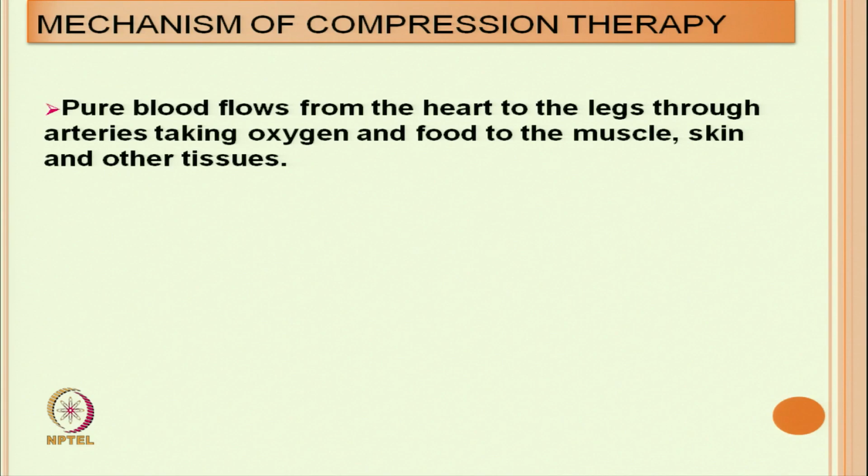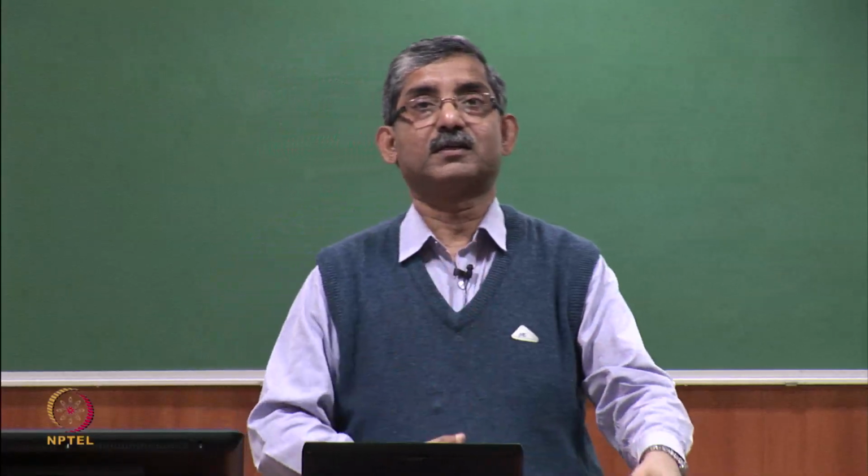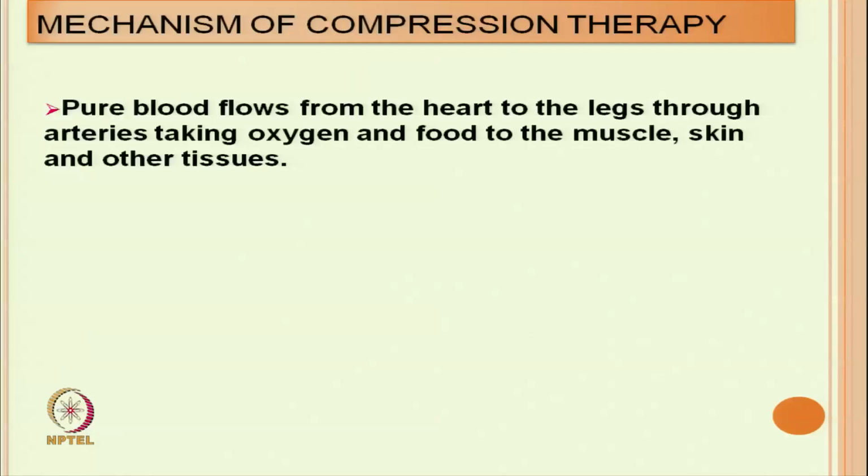The mechanism of compression therapy relates to how pure blood flows from the heart to the legs. Basically, this type of disease normally takes place in the legs. The possibilities are there in other areas also, but in the legs it is there because, with gravity, the fluids are accumulated there.